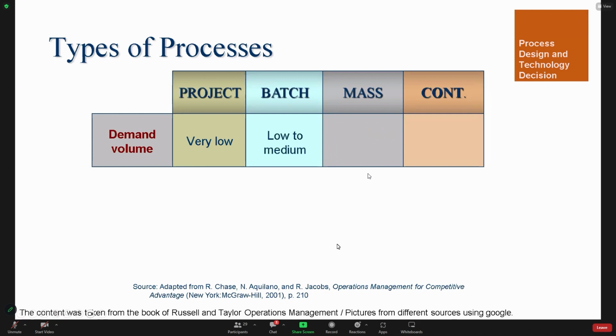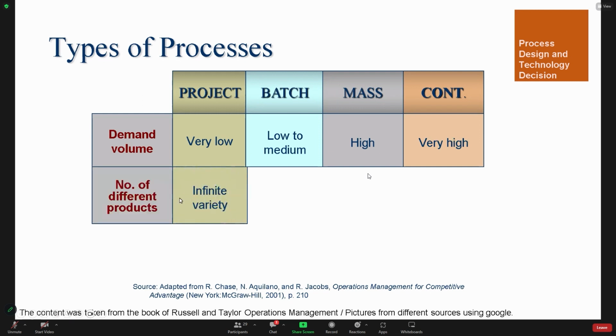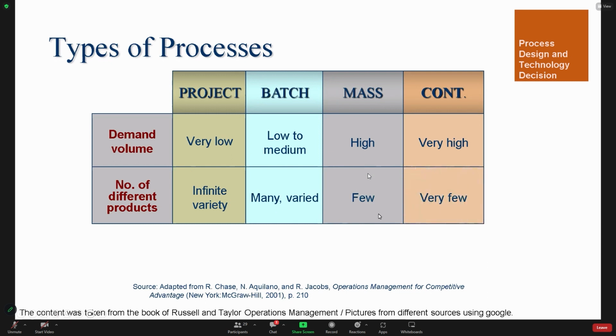Demand volume very low sa project, low to medium sa batch, high sa mass production, very high sa continuous production. Number of different products, infinite. Iba-iba ang project, iba-iba ang building, iba-iba ang bahay na pinagagawa. For batch, there are many and varied. For mass markets, there are few number of products. And for continuous, very, very few.